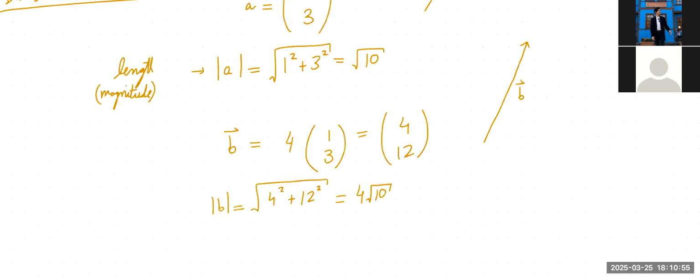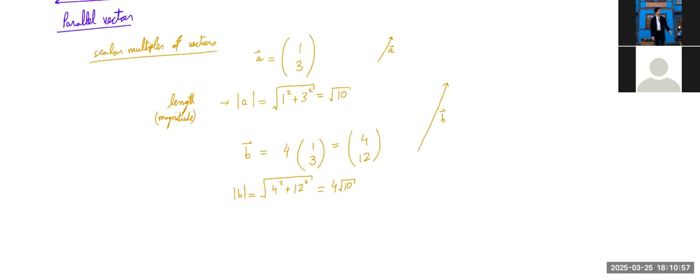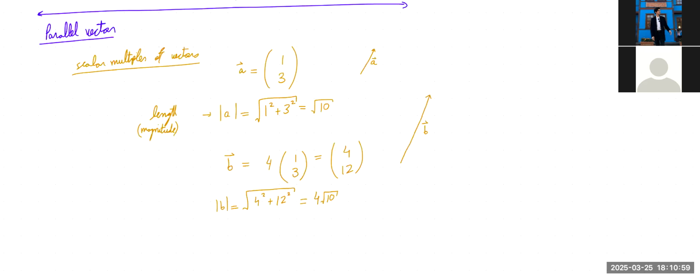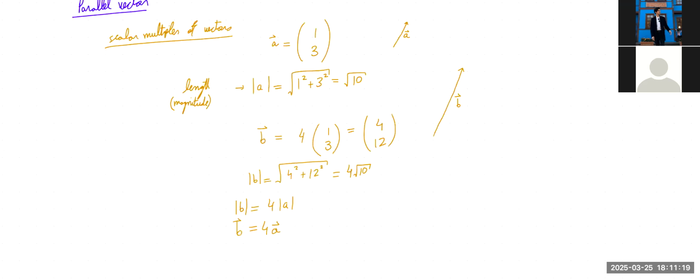And as you can see, something interesting. What do you notice about the magnitude of A and the magnitude of B? Magnitude of B is what factor of magnitude of A? 4. Exactly. And as you can see, the vector B is 4 times vector A. So what we've learned here is that upon multiplying a vector by a scalar number, all you change is its length.